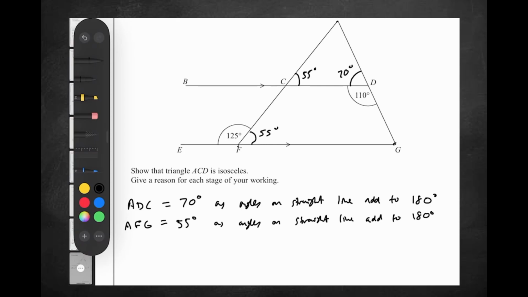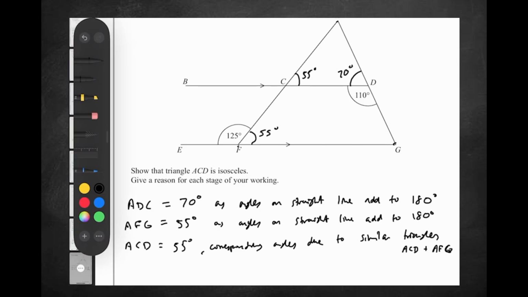So what I'm going to write is ACD equals 55 degrees. I'm going to put corresponding angles due to similar triangles, ACD and AFG.